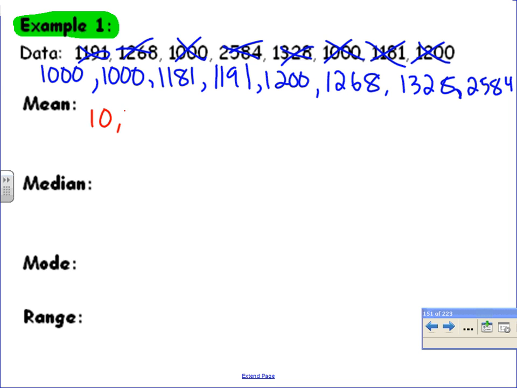Good job. 10,752. So that's the sum of all of the values.